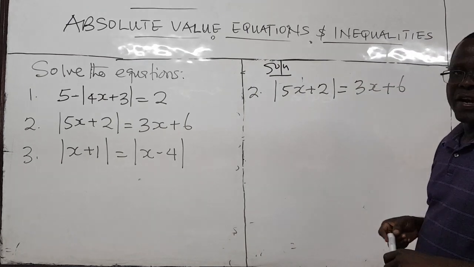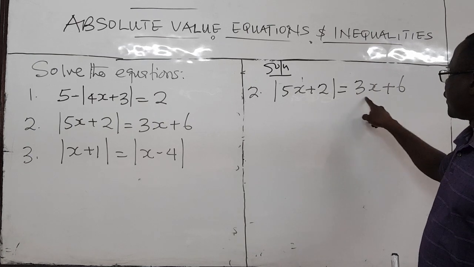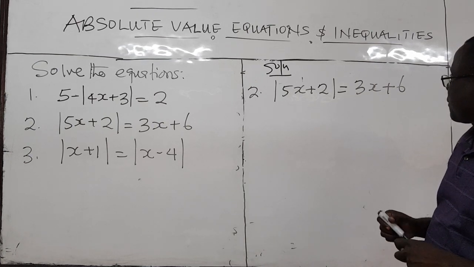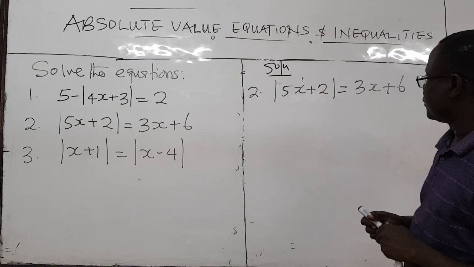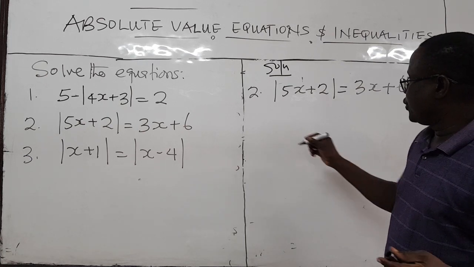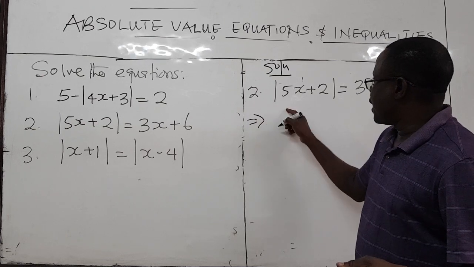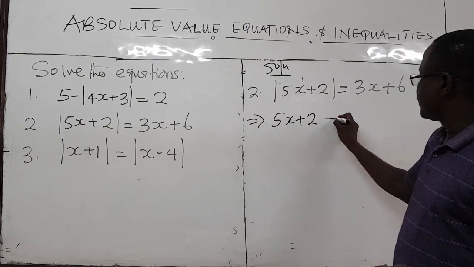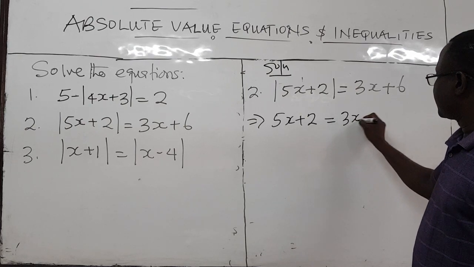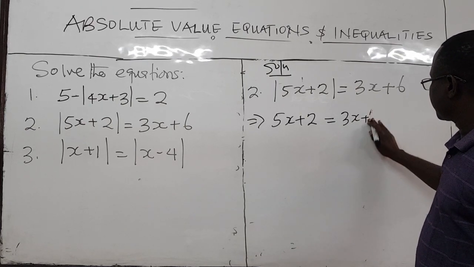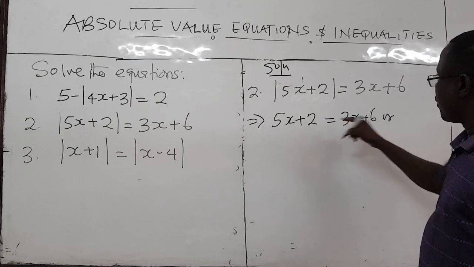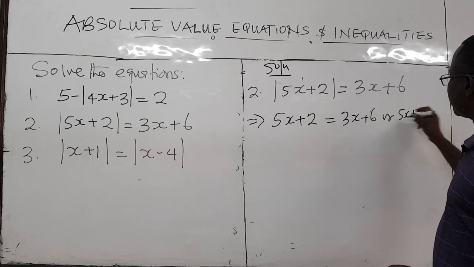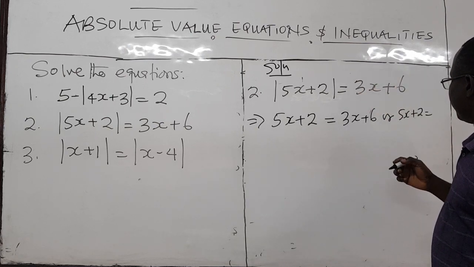Now the difference here is that we have x on this side. But it's not hard, right? You can use method 1 or 2 to do it. Again, the same procedure. This implies that method 1, 5x plus 2 is equal to 3x plus 6, or this guy, 5x plus 2 is equal to negative of everything here.